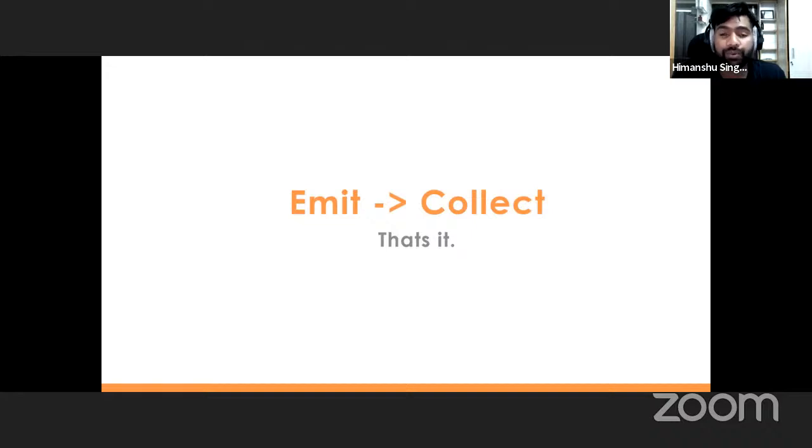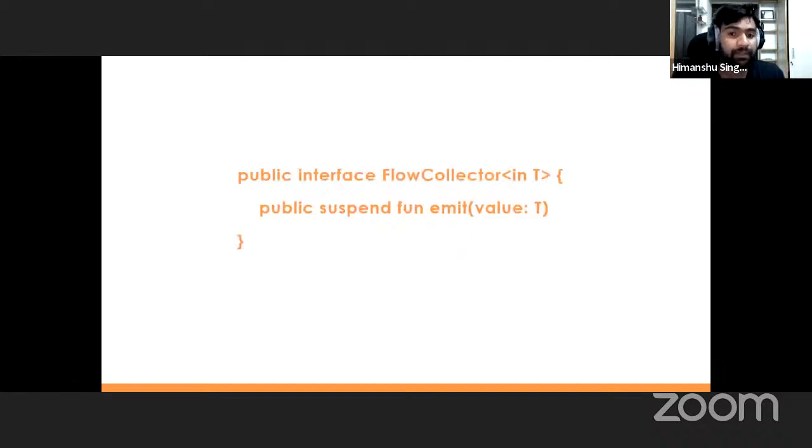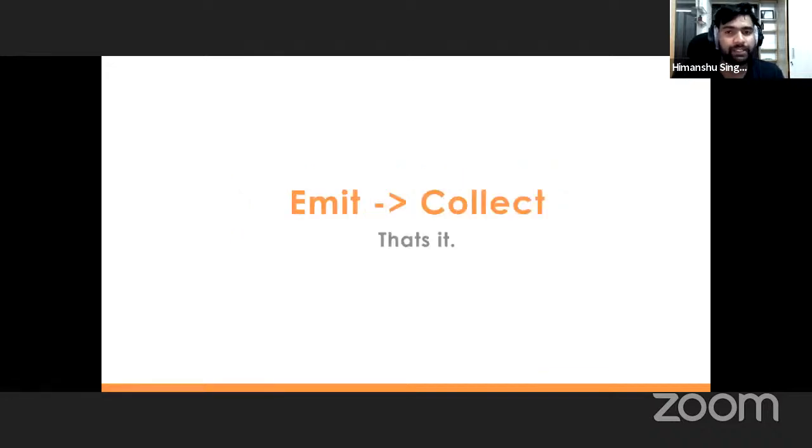It can be a coroutine scope, a view model scope, or a lifecycle scope, but to run this flow, you can't run it directly. Either you need a scope to run these suspend functions, or you can call it from another suspend function. So that's how Flow actually works internally.